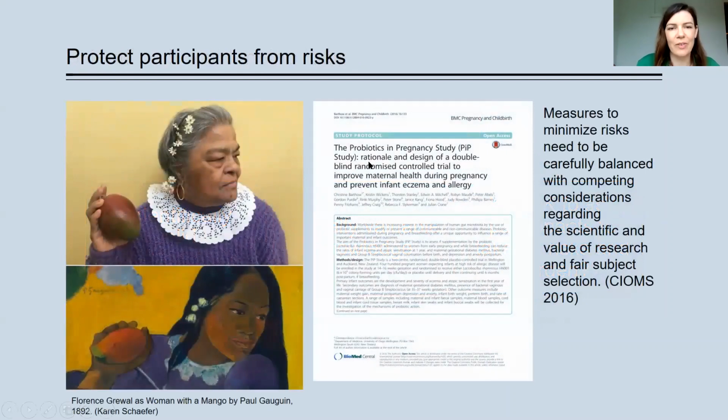The second purpose of inclusion and exclusion criteria is to protect certain potential participants from harm. And it brings us to a sort of tricky balance around protecting participants, but equally not excluding certain groups from research. So for example, two groups that we might be concerned about protecting are older adults and pregnant women. I'll use those two examples here for discussion.